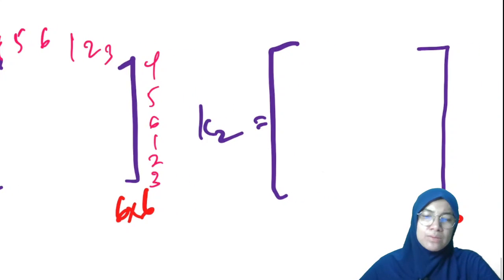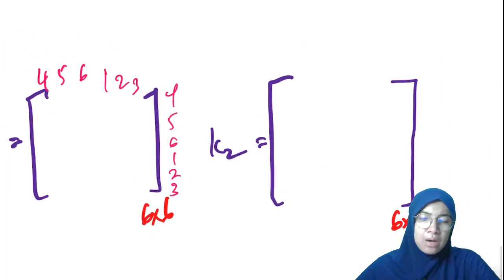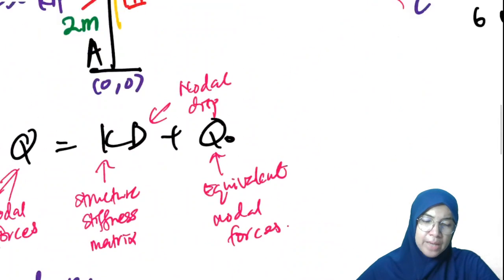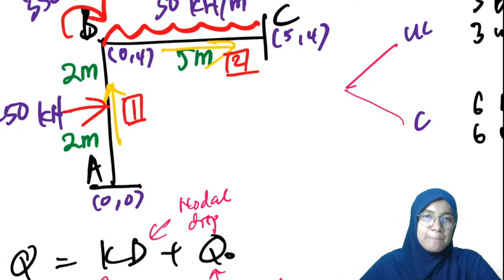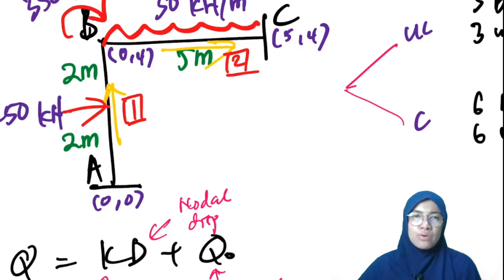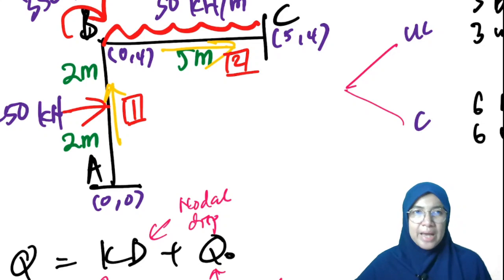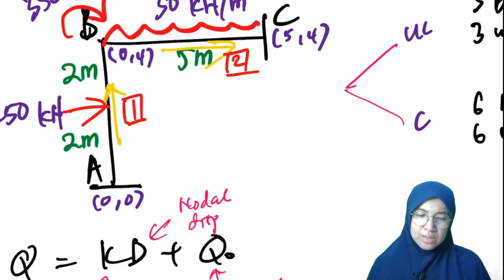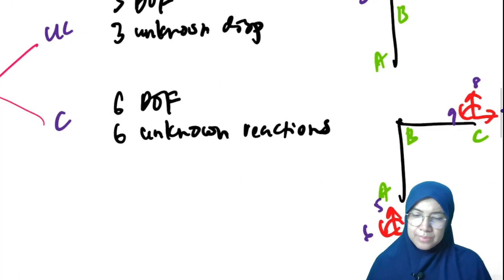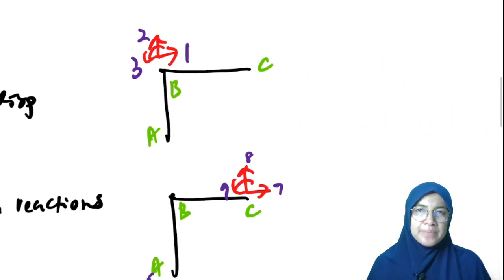If we look at element number 2, B is the near node, C is the far node. We identify far and near based on the arrow, and we can put the arrow in any direction that we like. So at B, 1, 2, 3, at C, 7, 8, 9.